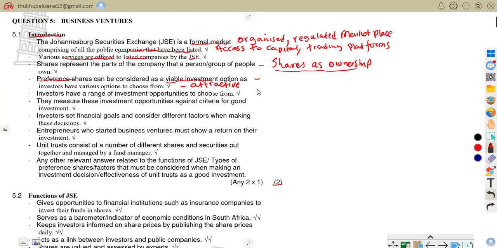The shareholders are going to get fixed dividends no matter whether the company has made a profit or loss. That is what makes the preference share to be seen as a viable investment.